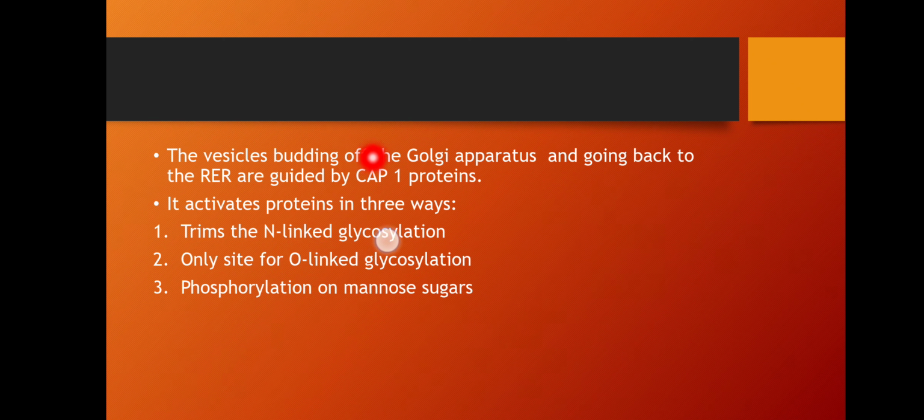The vesicles that are budding off the Golgi apparatus are going back to the rough endoplasmic reticulum. So there are some that will proceed to go and function, the others are going back to the rough endoplasmic reticulum, and these will be guided by the CAP1 protein.